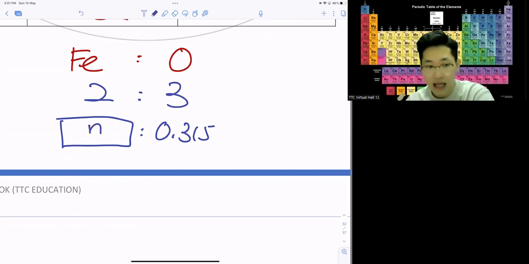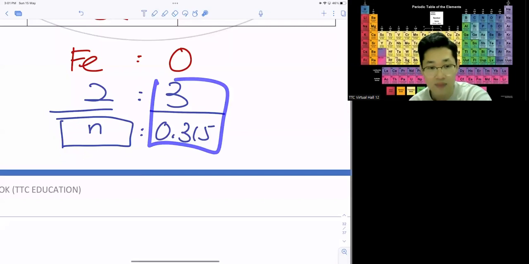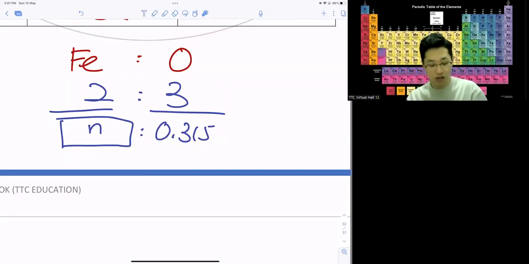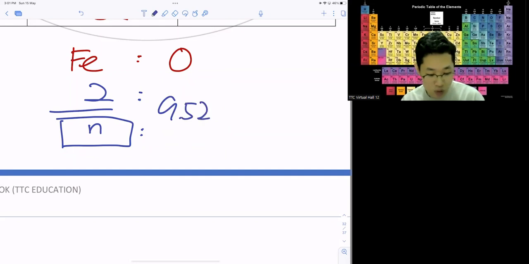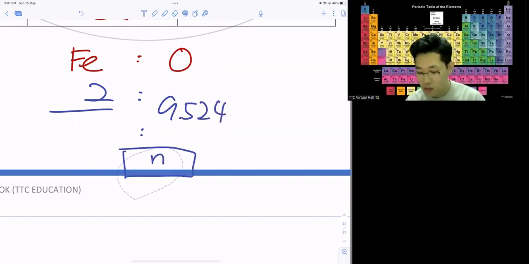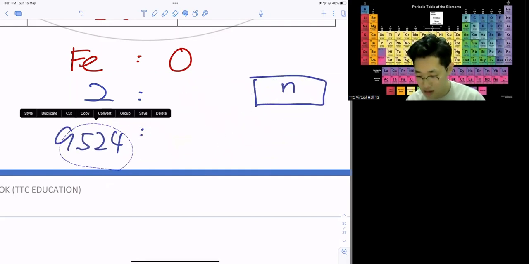Yes, correct. Like mathematics, you put 2 lines and then you start dividing. 3 divided by 0.315, you get 9.524. In order to find the n, you move it to the other side. This one comes down.